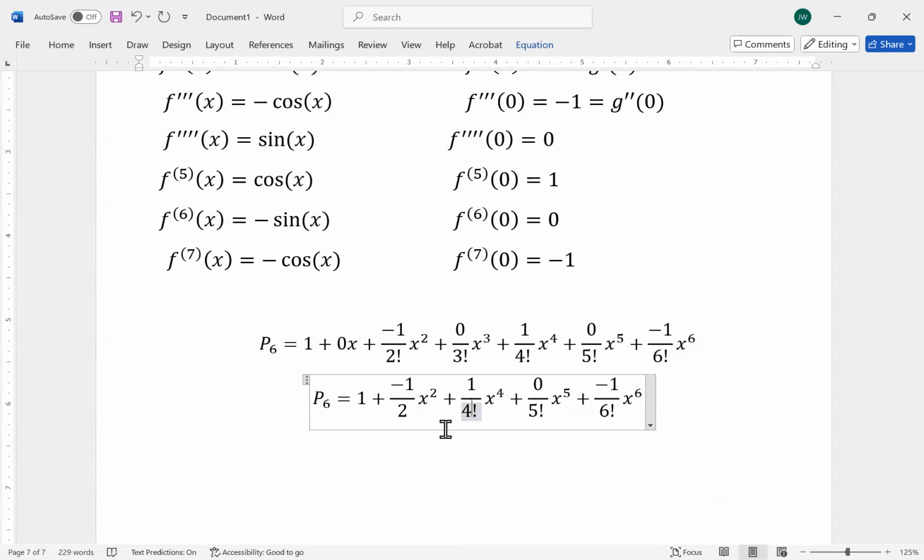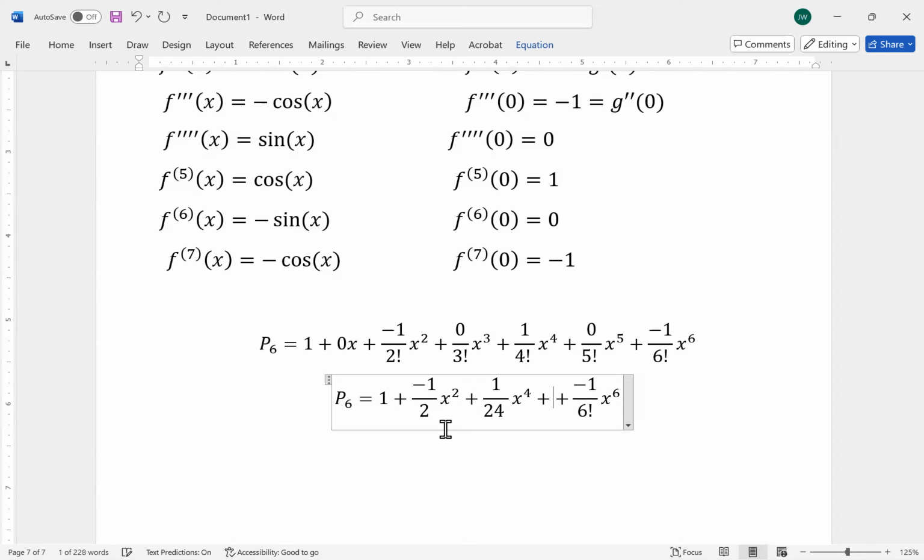So -1 over 2 factorial is like -1/2. 4 factorial is 24. 5 factorial is 120, but that's going to go away. 6 factorial is 720.